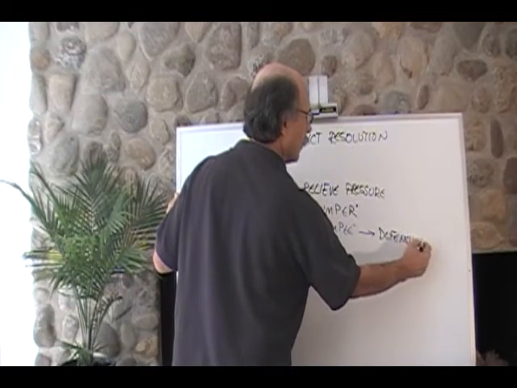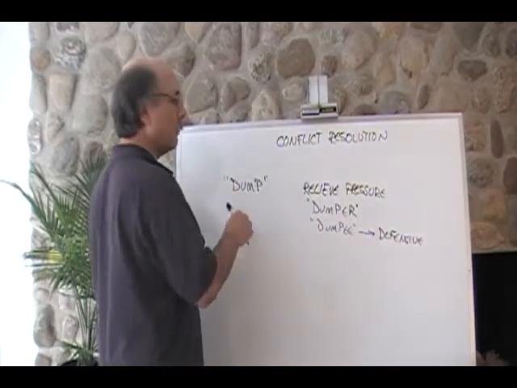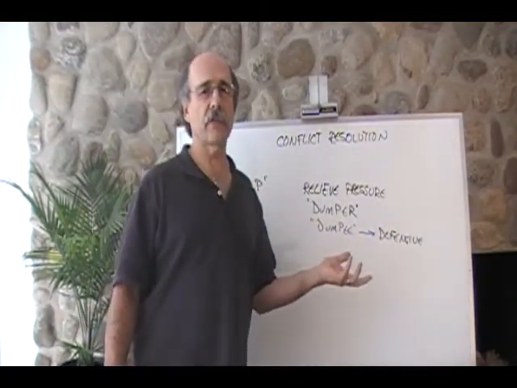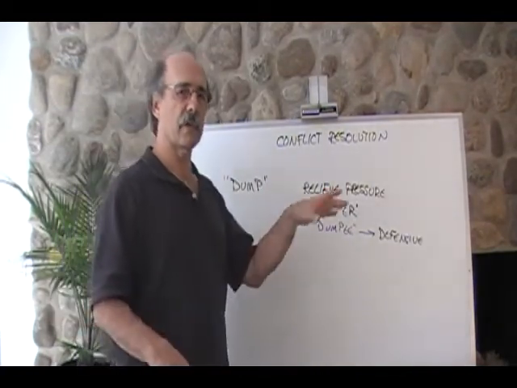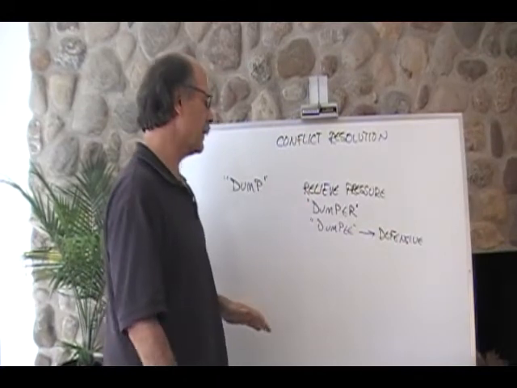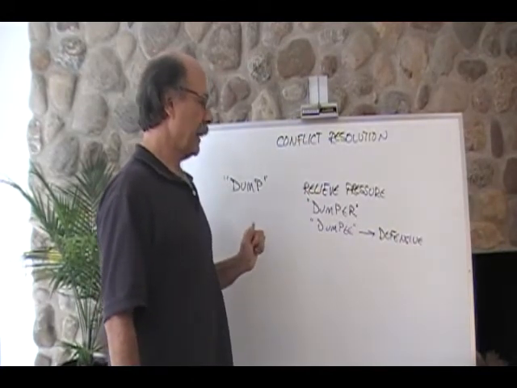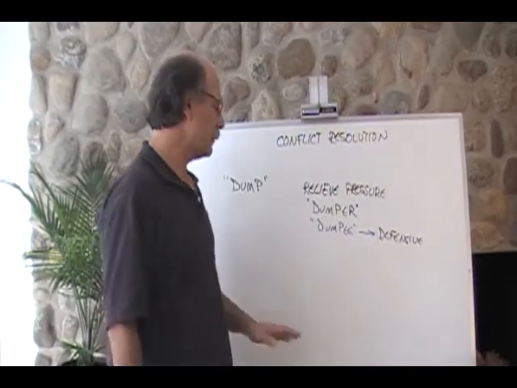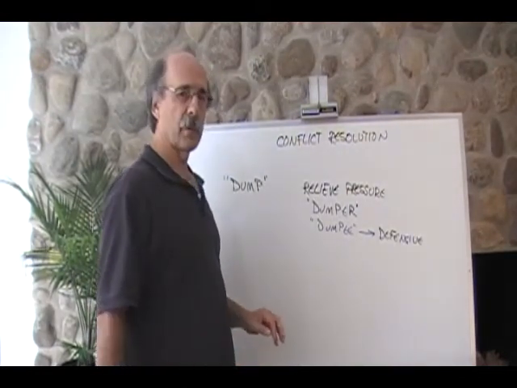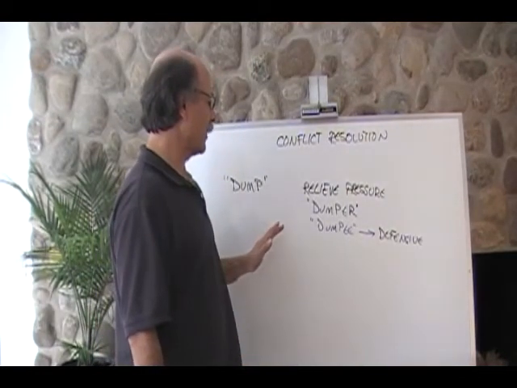Now, the dumpee is going to feel, in this case, let's say it's the husband, okay, and I don't mean to make any generalizations about wives and husbands or men and women or anything like that. As you'll see, both of these are people and can be flawed people, so I'm just using this as an example.